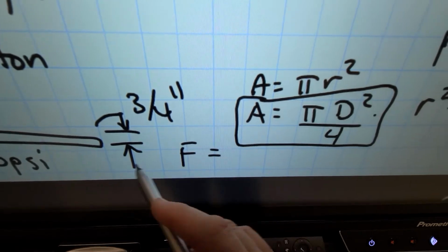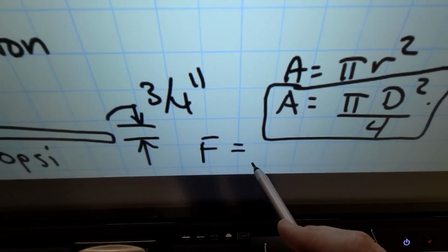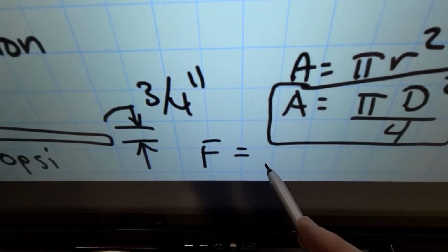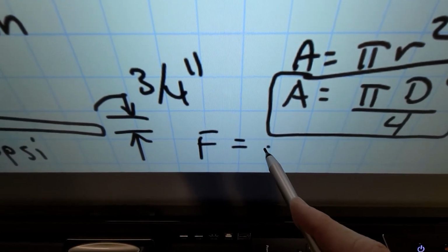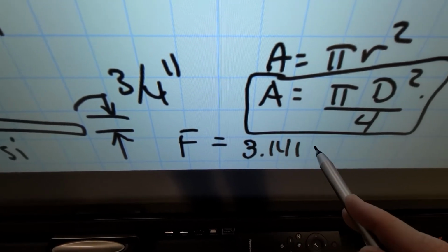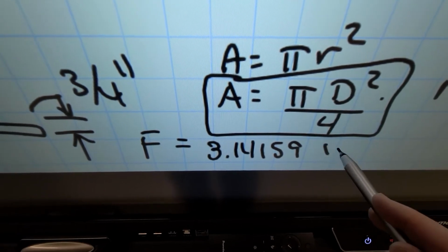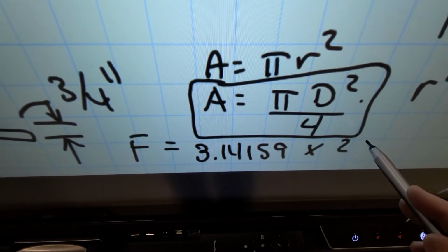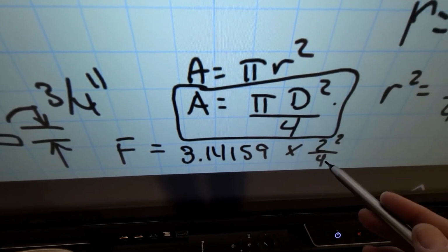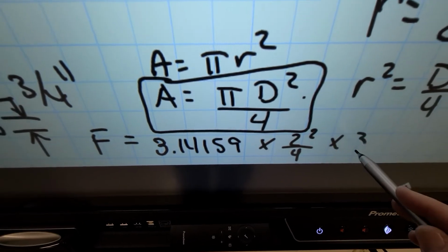So for this particular problem, F equals area times pressure, PSI. It's going to be pi, 3.14159, times 2 squared over 4, which is 4 over 4, which is 1, times the pressure, which is 300.